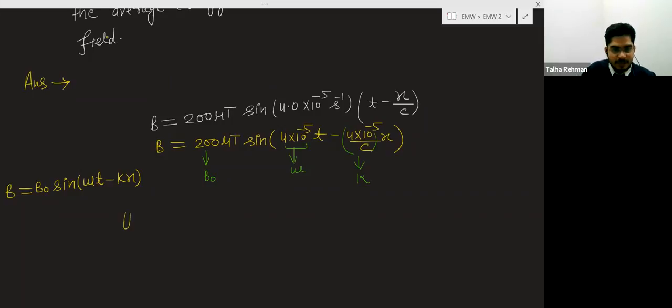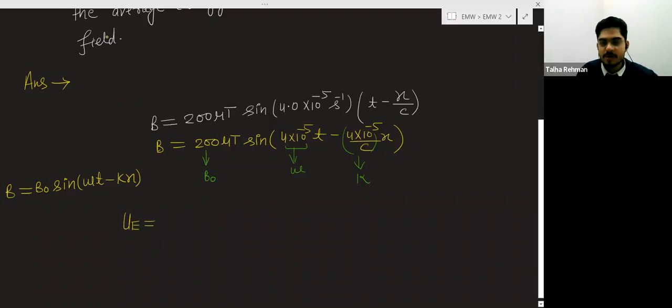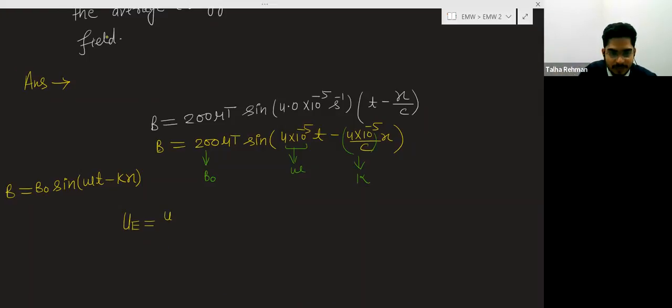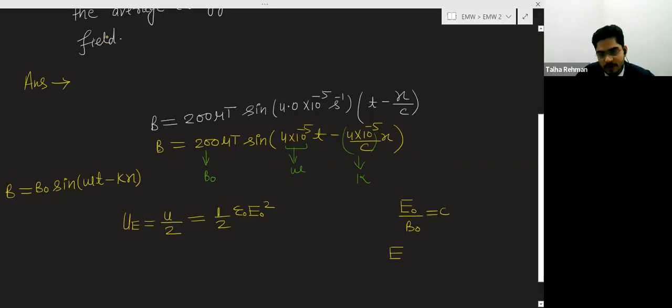Now they are asking the energy density corresponding to the electric field. Energy density corresponding to the electric field is equal to total energy density divided by 2, and that is equal to half epsilon naught E naught square. There is a relation between E naught and B naught, that E naught by B naught is equal to c. So E naught is c into B naught.